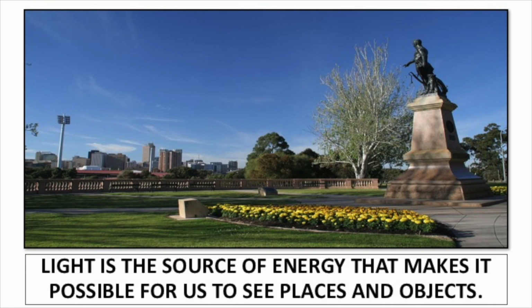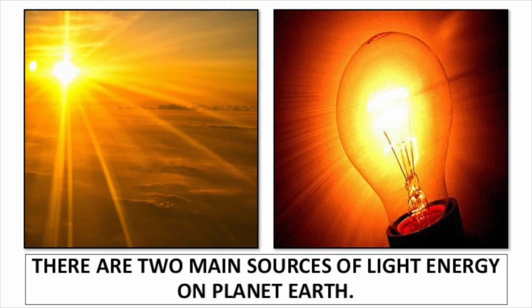We can't see anything in the dark. We can only see things in the light. There are two main sources of light energy on planet Earth. Yes, so let's have a look at the two sources that are represented here.